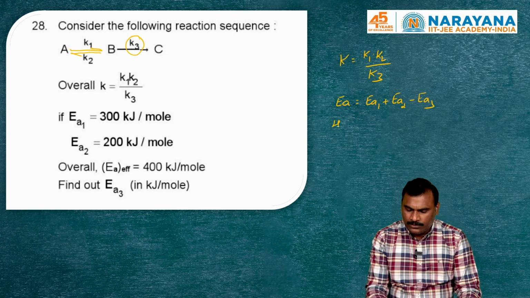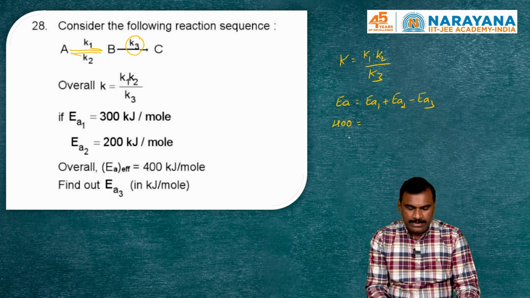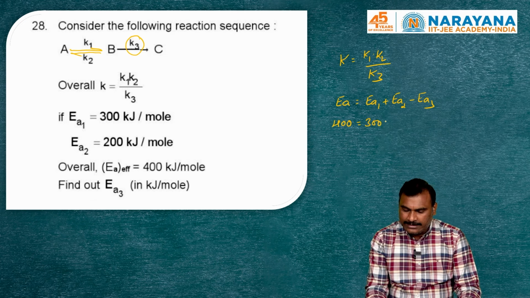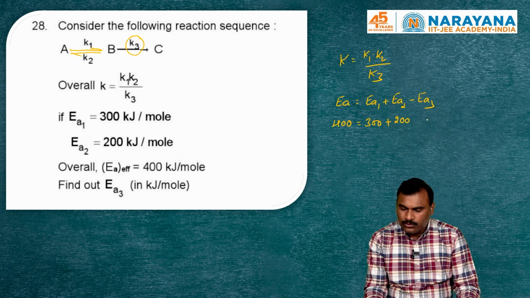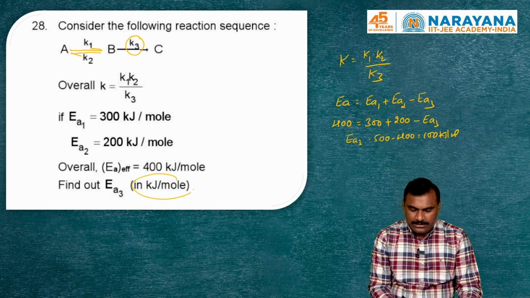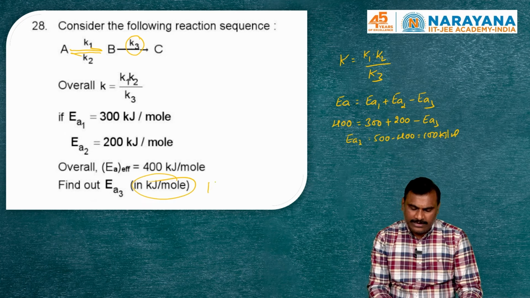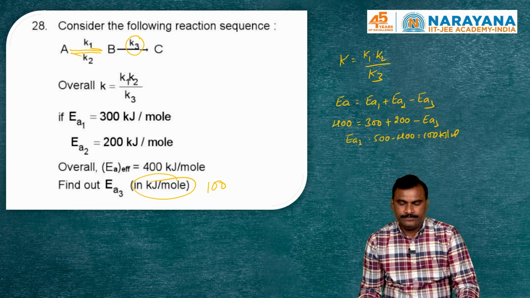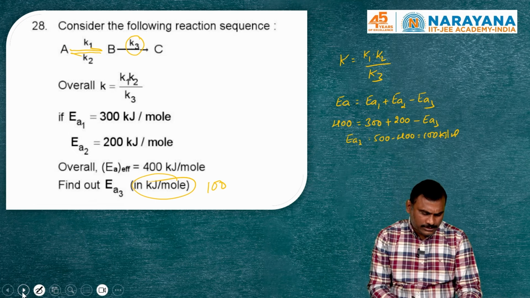Ea is equal to 400 kilojoules per mole. Ea1 is equal to 300 kilojoules per mole. Ea2 is equal to 200 kilojoules per mole. Then Ea3 is equal to 500 minus 400, that is equal to 100 kilojoules per mole. The asked answer is also in kilojoules per mole, therefore the answer should be 100. Now let us go for the next question.